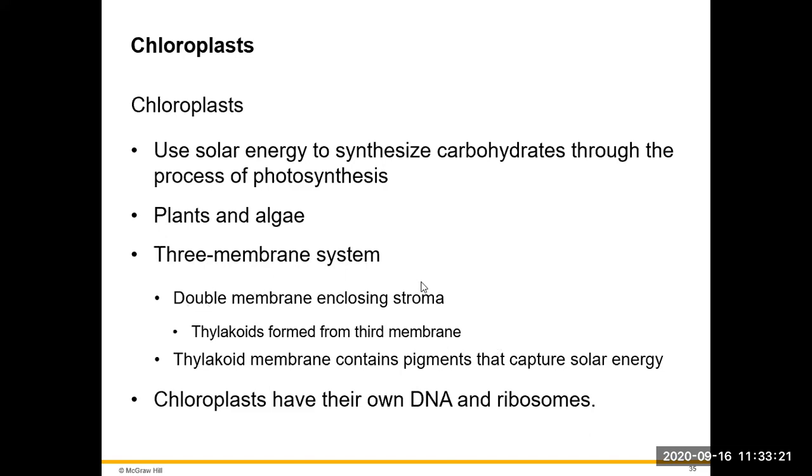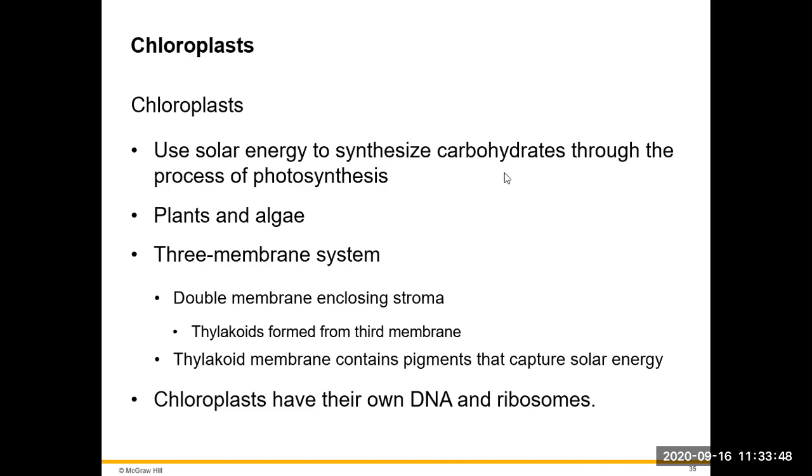So the double membrane encloses the stroma, and then the thylakoids form the third membrane. The thylakoid membrane contains pigments that capture solar energy, and like the mitochondria, chloroplasts contain their own DNA and ribosomes, and usually they are independently functioning.